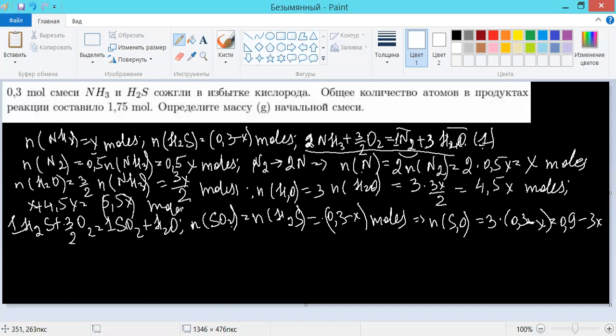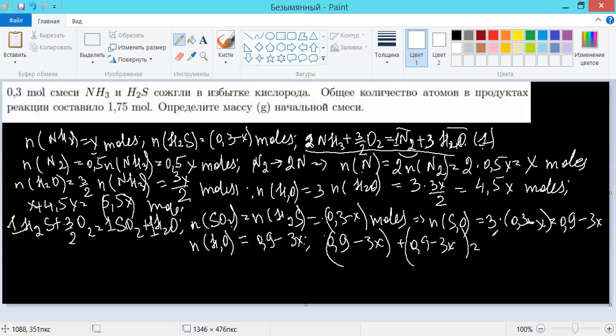And if we compare the coefficients before H2S and H2O, we will get the same picture, and that means that the total amount of H and O atoms is the same, okay? And that means that in the second reaction, the total amount of atoms is 0.9 minus 3x plus 0.9 minus 3x, okay? And that gives 1.8 minus 6x moles, right?